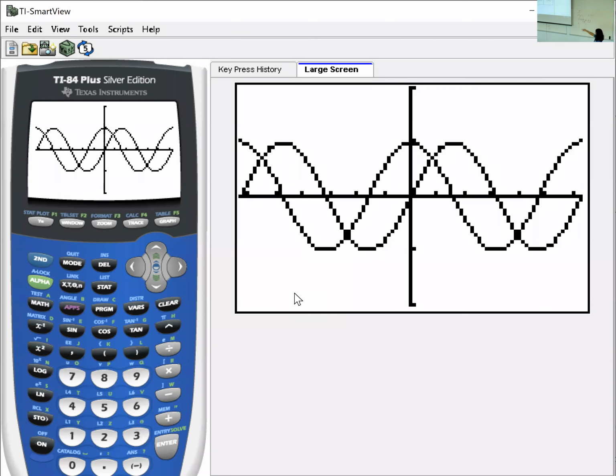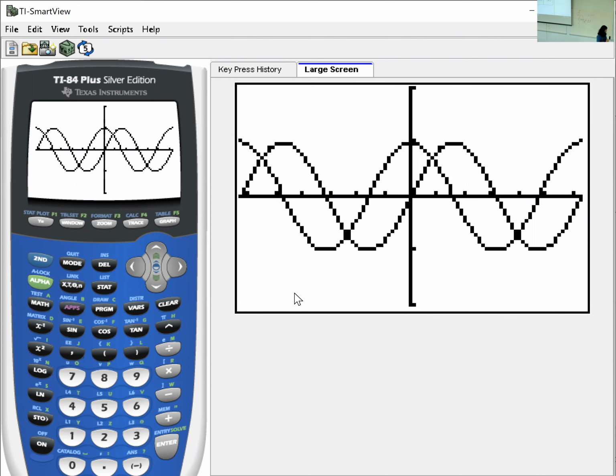Need to look at this or that. At pi over 2, cosine will be 0. Another point, 3 pi over 2. So on this side, it's pi over 2, 3 pi over 2.